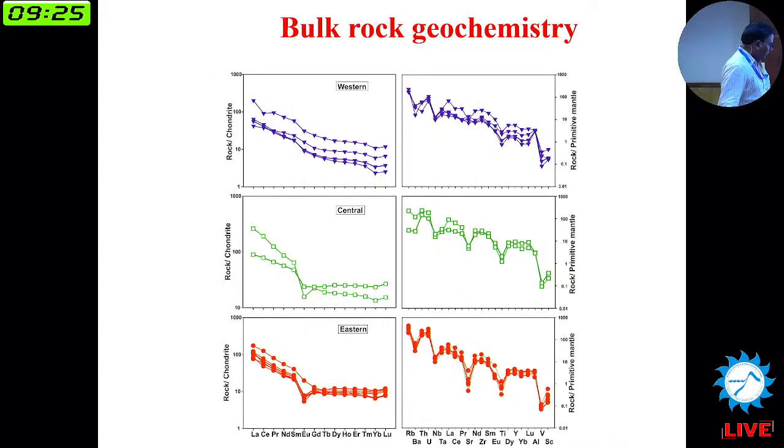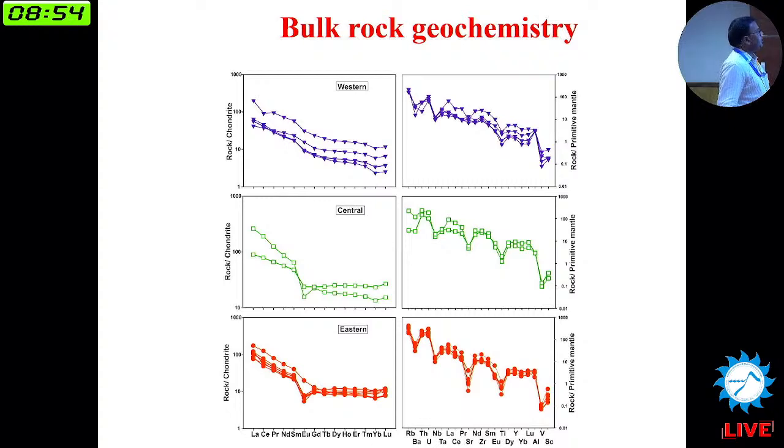Apart from this, the bulk rock trace and REE systematics. Here REE plots are on the left hand side for western, central, and eastern parts, and on the right hand side we have the primitive mantle normalized multi-elemental variation diagrams. It shows that the western margin granites show no specific europium anomaly, but near flat HREE patterns, whereas both central and eastern granites have a negative europium anomaly and near flat HREE patterns.